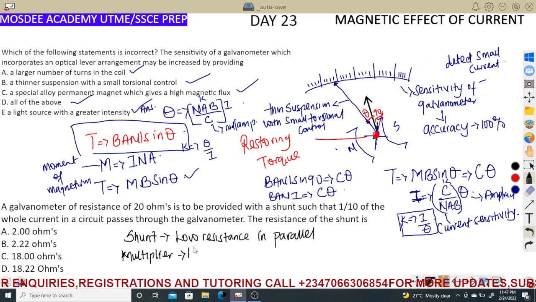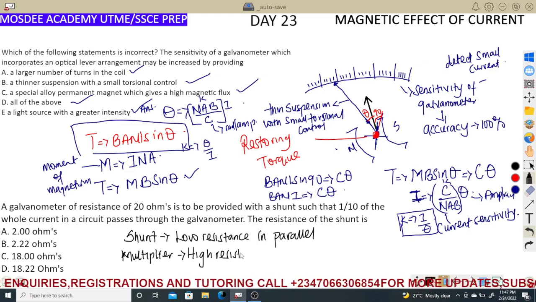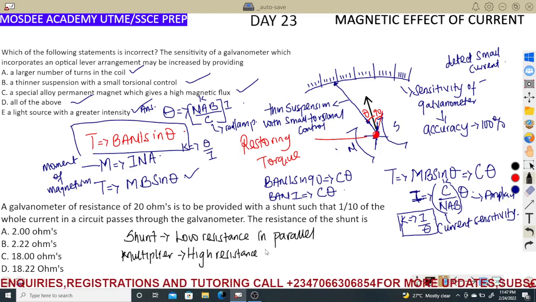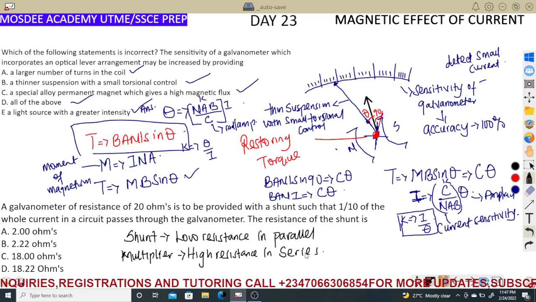That is called high resistance in series. I'm going to do some, and I'll leave some for you to do and put your answer in the comment box. Please keep that in mind. I want to do that intentionally to see if you're actually following my lead.